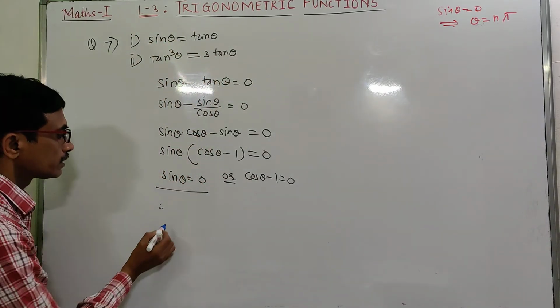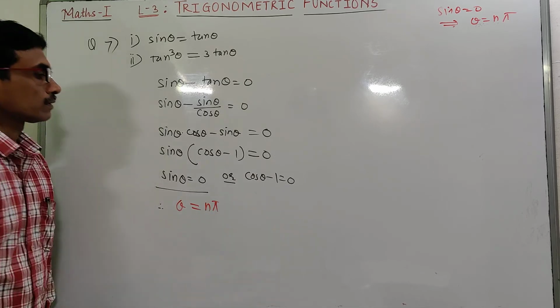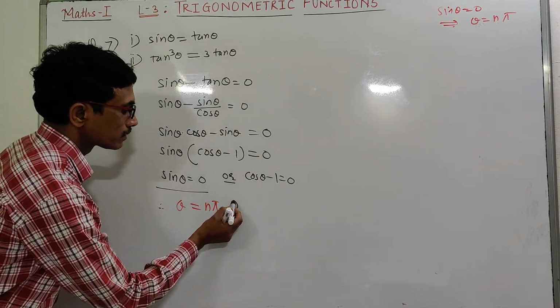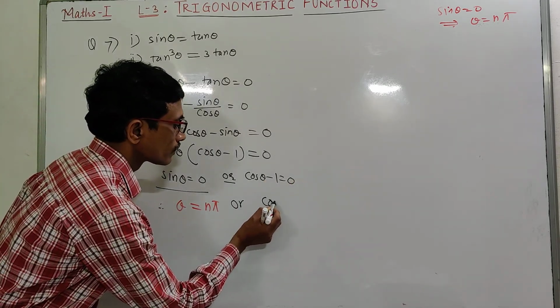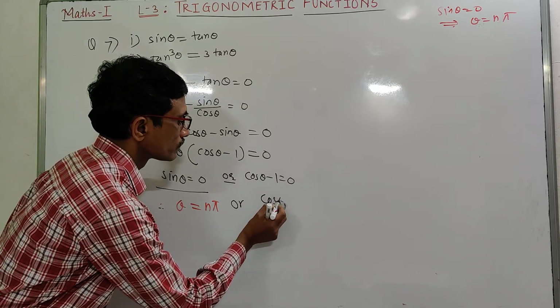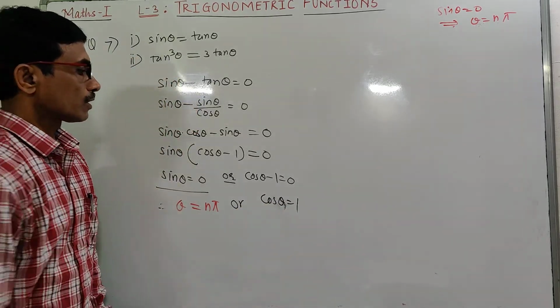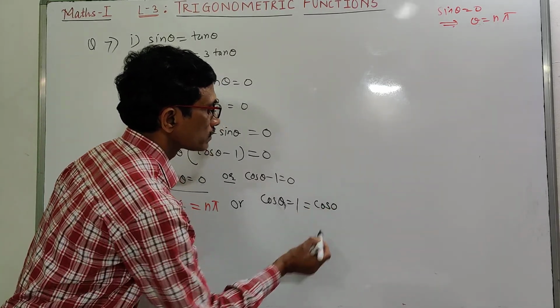So therefore theta is equal to n pi here, and further cos theta is equal to 1. Now cos of 0 is 1.